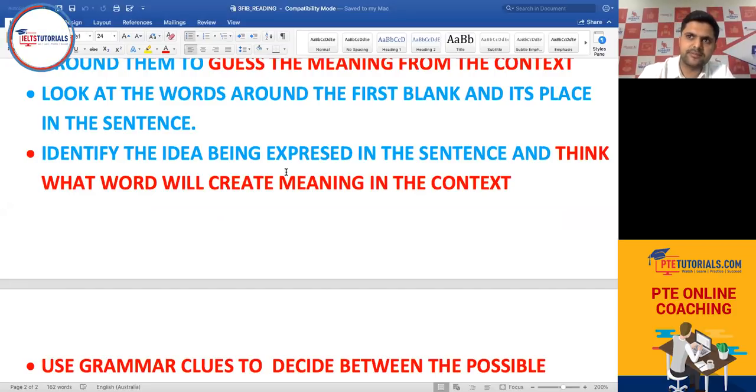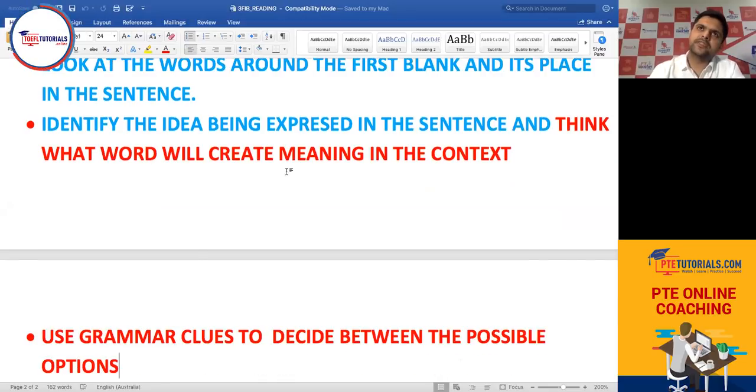Depending on that placement, you start reading that particular sentence and the words around it. Then try to identify the idea being expressed in this sentence. What is the writer trying to say? What is the idea that he or she is trying to give by writing those particular words?